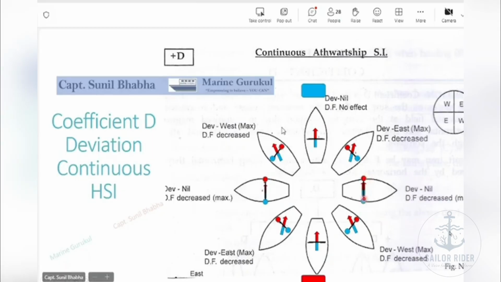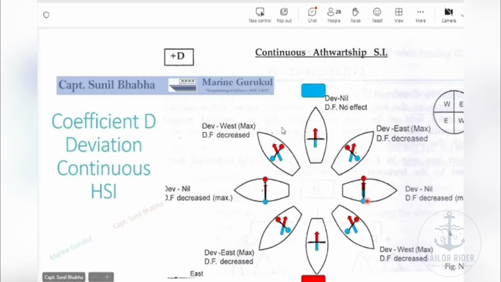The magnetic lines of force entering from south generate a blue pole. So we have a blue pole south of the compass needle, and we have a red pole north of the compass needle. Now these blue and red poles are exactly south and north of the compass needle. Being exactly aligned with the compass needle, they are not able to generate any deviation at all.